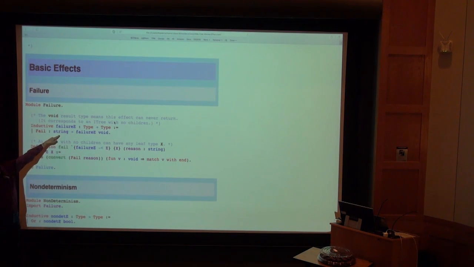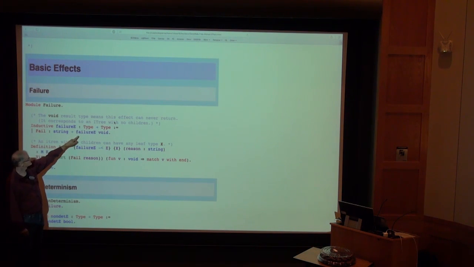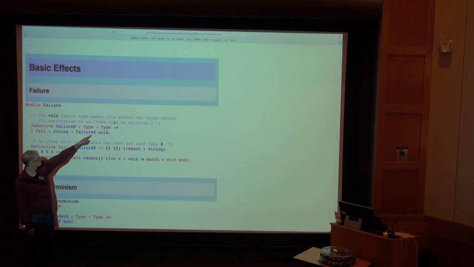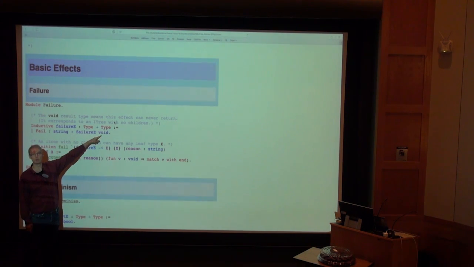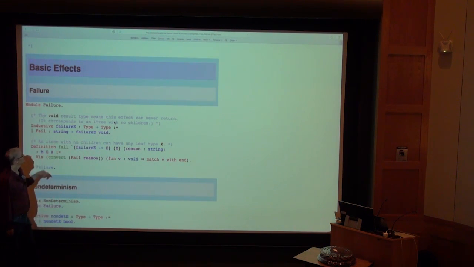It takes a string argument that describes the reason for the failure for debugging purposes. And that gives you back a failure E with result type void. That is, failure E, when plugged into an interaction tree, will give you an event node, a Vis node with no children.